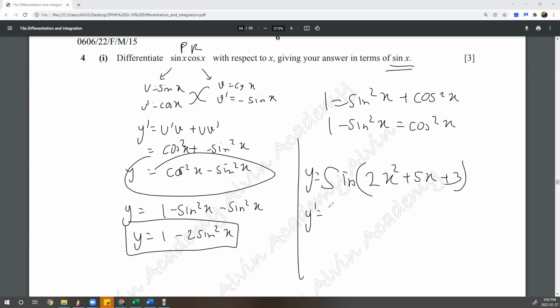So y prime will be sine becomes cos, but the inside doesn't change yet. Multiply by the derivative of the inside, chain rule, right? This is the function, so 4x plus 5. Okay, that's it.